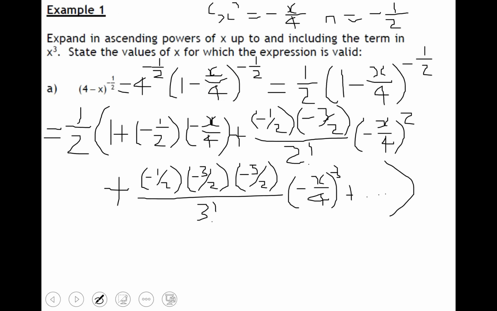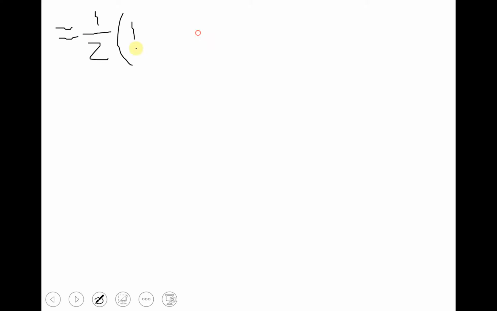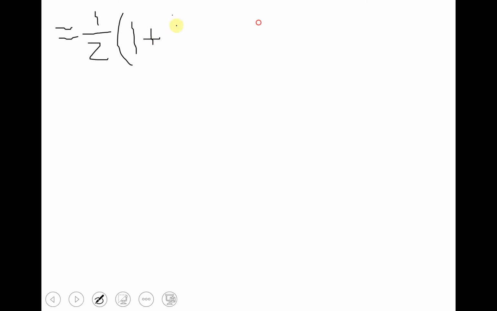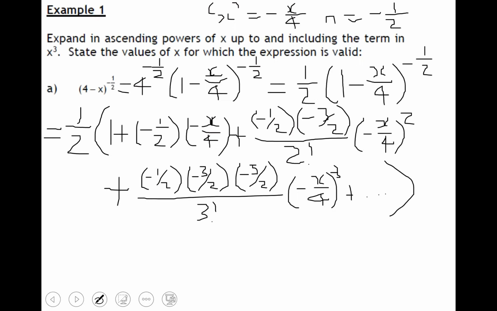Now we'll need to calculate each of these terms before timesing by the half at the front. So it's still 1 plus, and actually check, minus a half times minus x over 4 will give us plus an 8th x. With the next term we've got minus a half times minus 3 over 2, divide by 2 factorial, which gives us 3/8 as the coefficient outside the bracket of (-x/4) squared.